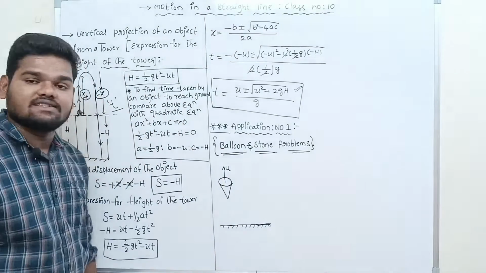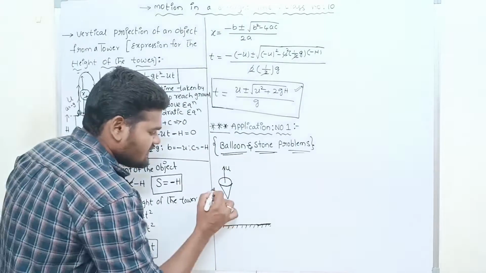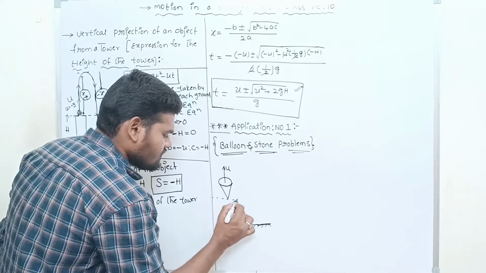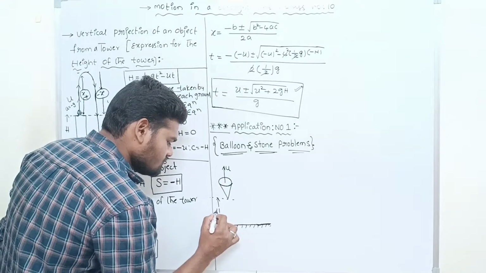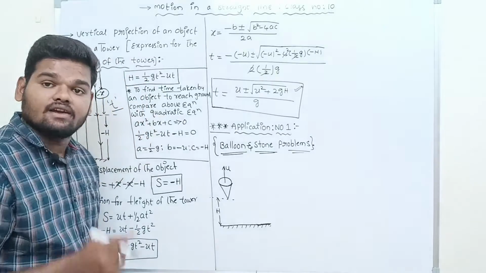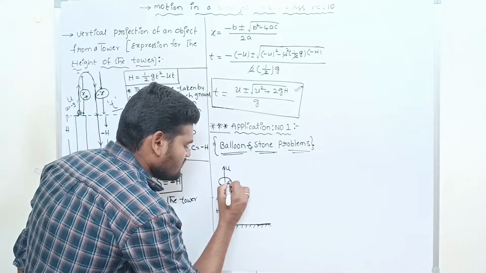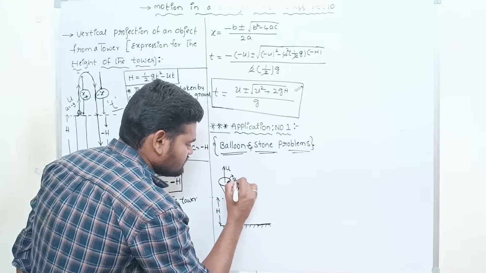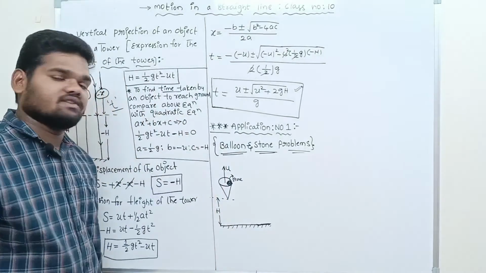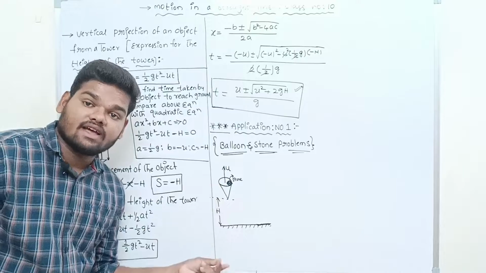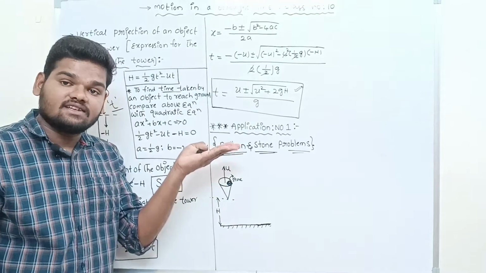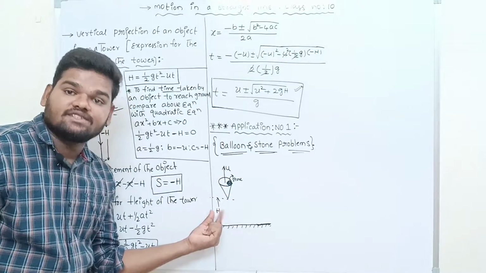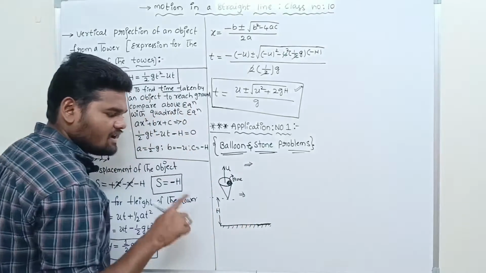U be the velocity of the balloon, and it is at a height of h from the ground. So this balloon contains a stone. So stone and balloon both are traveling in an upward direction at a particular height h from the ground. Right, have a look.